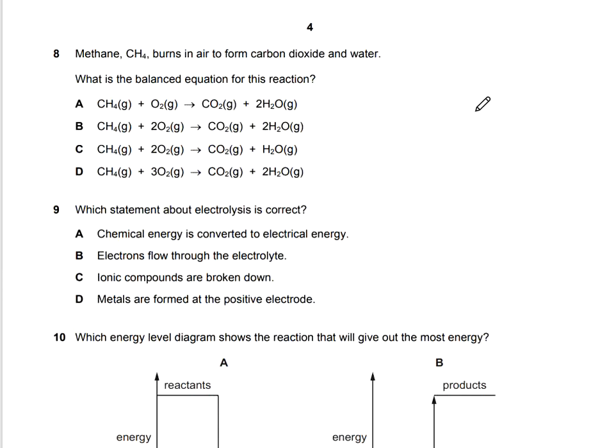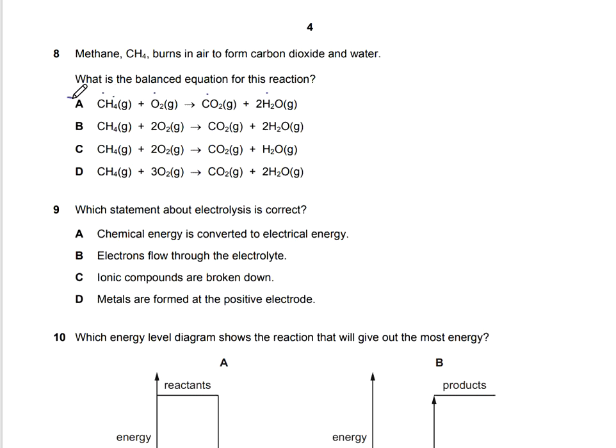Number 8, methane, CH4, burns in air to form carbon dioxide and water. What is the balanced equation for this reaction? So let us see. For carbon in letter A, we have 1 here, 1 there. For the hydrogen, we have 4, and we also have 4 in here. Oxygen only has 2, but on this side, we have 3.